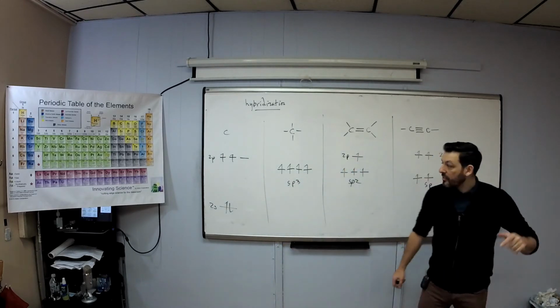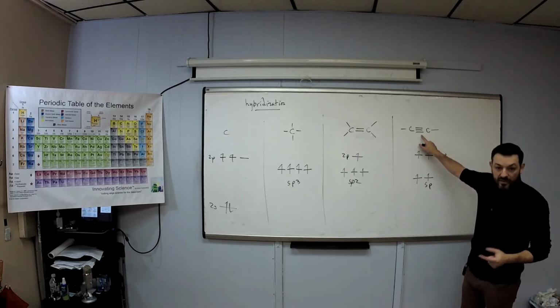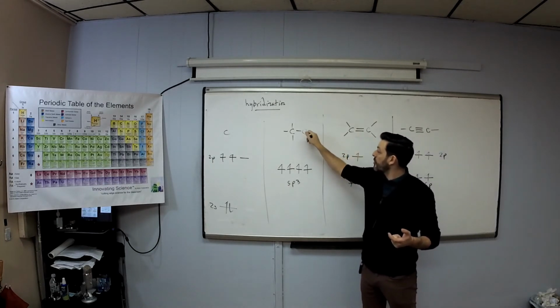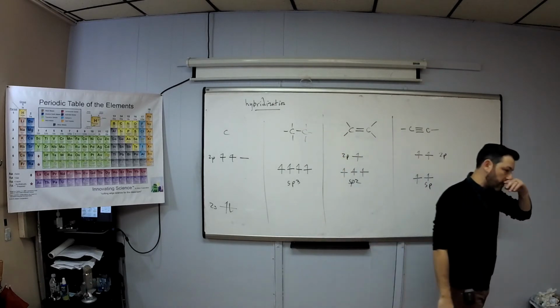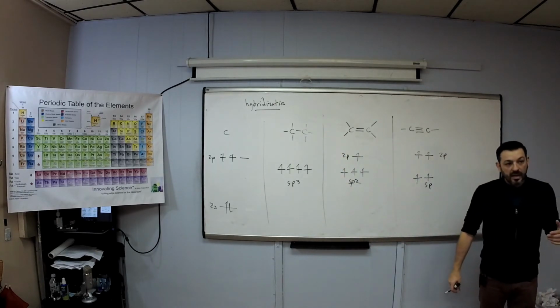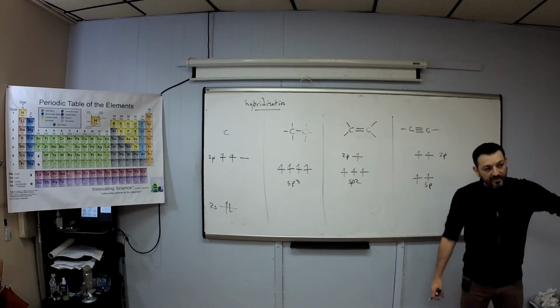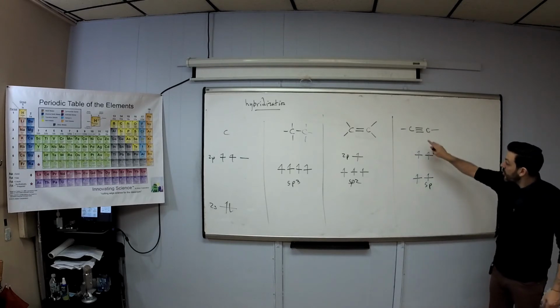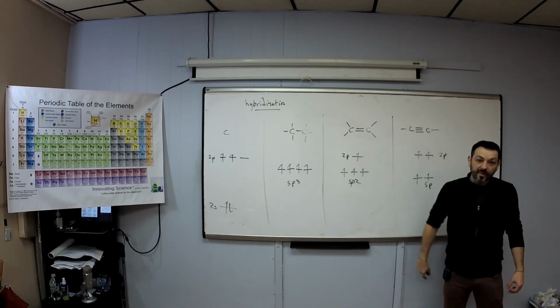See, in Gen Chem, you may have learned that a triple bond is shorter than a double bond, and a double bond is shorter than a single bond. Raise your hand if you've learned this. As a student, I learned that too, but when I learned it, I thought it meant something, and it didn't mean that. The book only says that the triple bond is shorter than the double bond.